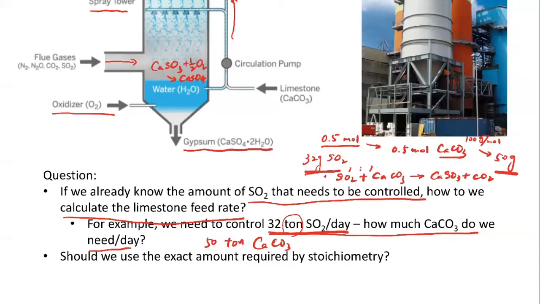So we're interested in two questions. The first question is how much raw material we need to feed, right? For example, how much limestone we need. And the second question is how much slurry will form. How much sludge.